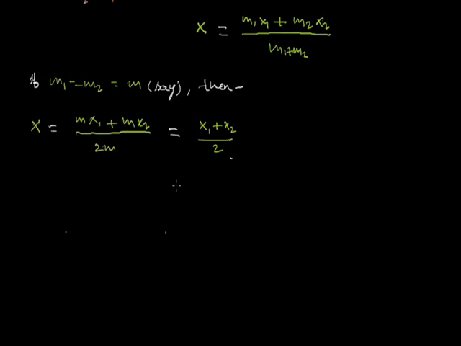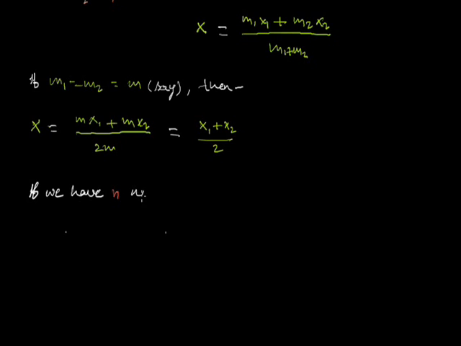It means that the center of mass of a system of two particles having the same mass is at the center of their individual positions, that is, at the midpoint of the distance between the two particles.